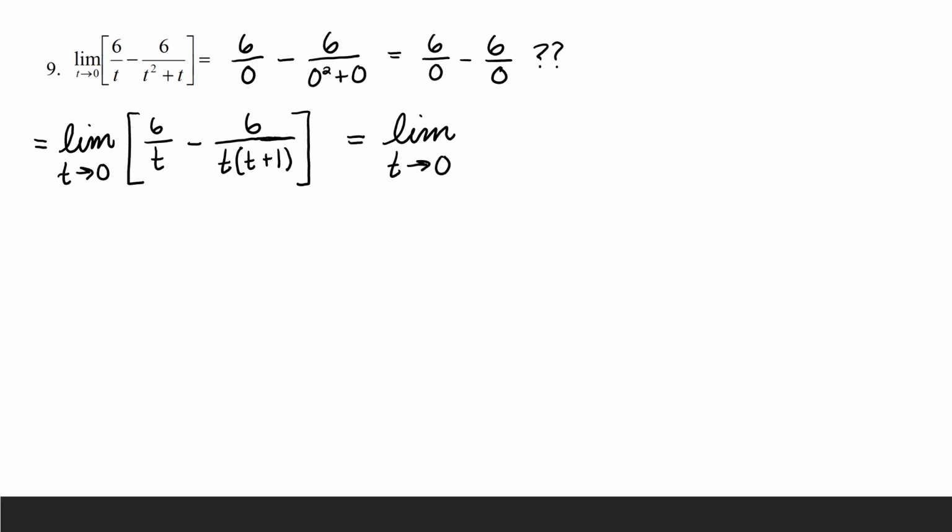So I have the limit as t approaches 0 of 6 over t times t plus 1 over t plus 1. Because t plus 1 over t plus 1 is equivalent to 1, I haven't actually changed the value of anything here. And I will keep this 6 over t plus 1, over t times t plus 1.